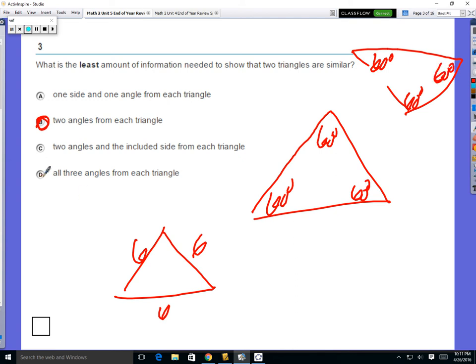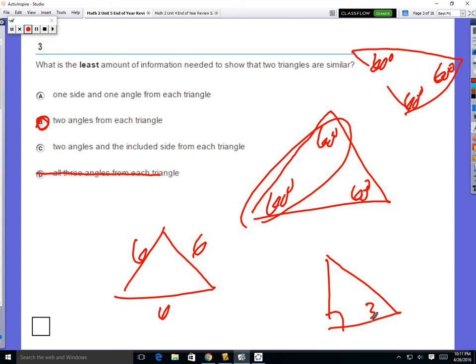So they don't need to give you all three angles. All they needed to do is give you two, and then you can find the third. For similar triangles, every single angle needs to be the same. So you could have a 90, 30, 60, and then in your other one you have 90, 30, 60. So they would be similar.